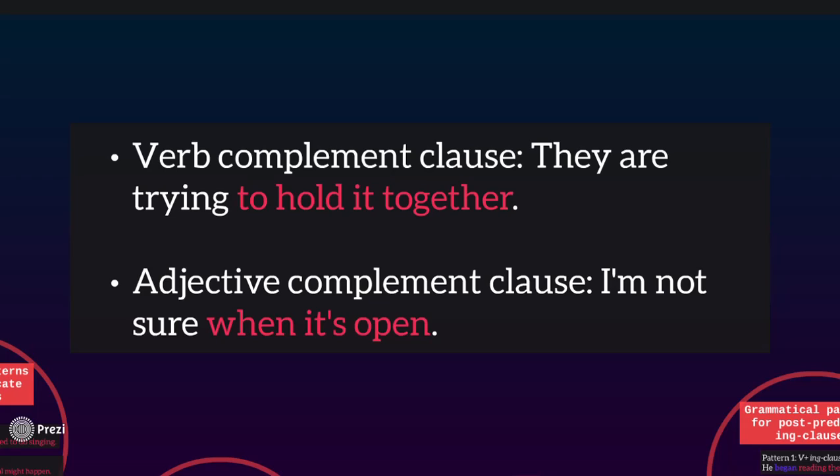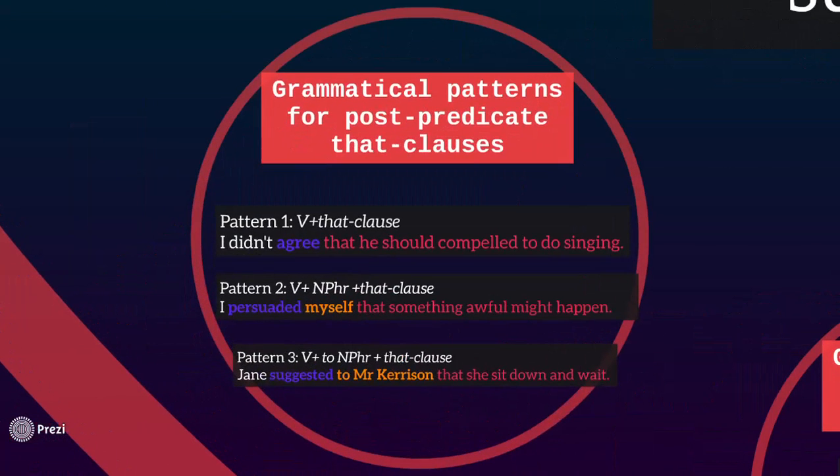Now let's see some common patterns that generally occur in post-predicate position. These are the three most common patterns when talking about that complement clauses placed in post-predicate position.